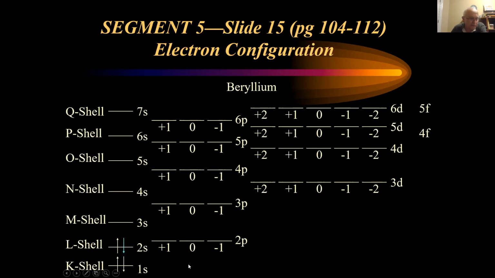It does turn out, though, that a filled orbital is more stable than partially filled orbitals, putting one electron here and one here. So the lower energy is still going to be a filled orbital instead of a filled one and 2 partially filled ones. So beryllium is going to be a helium with 2 electrons in the valence shell.